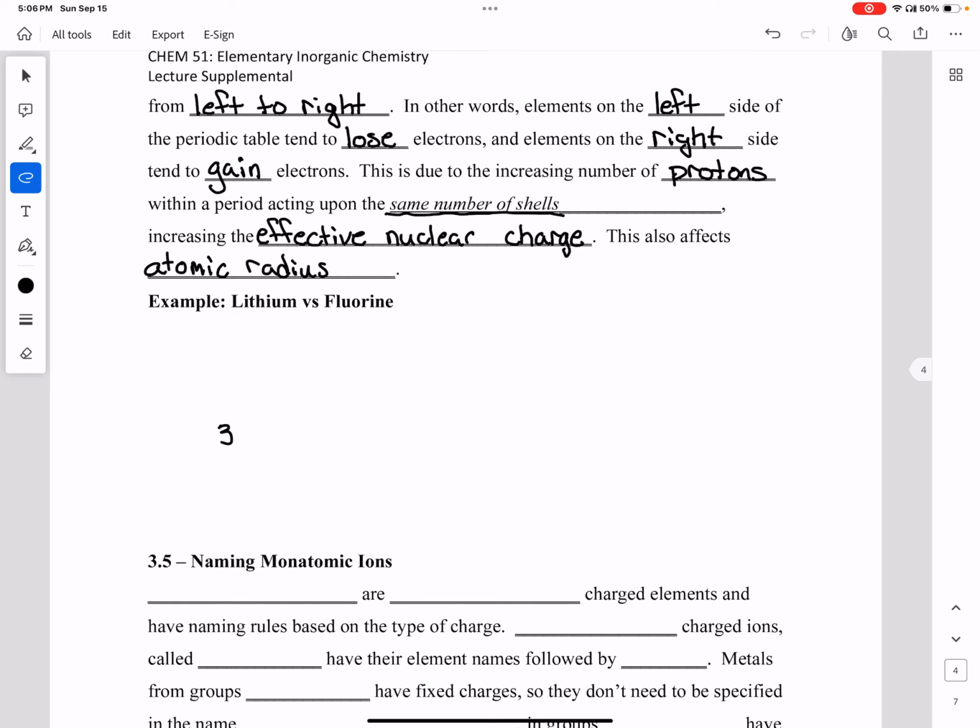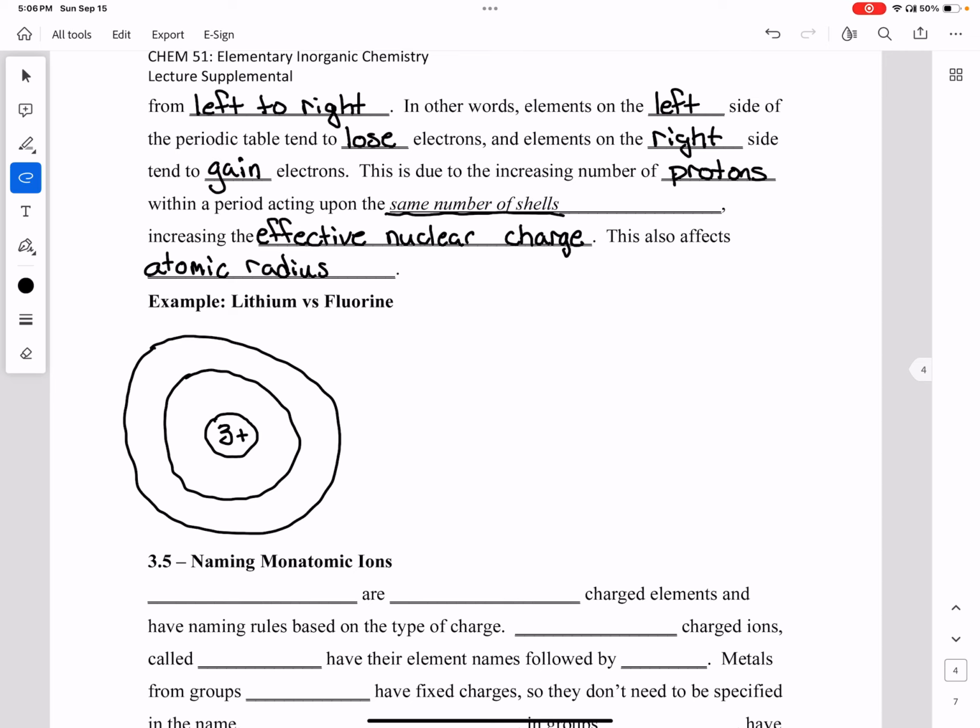That's 3 protons, and so 3 positive charges. And that is pulling only so hard on these electrons. So that's lithium. If you have fluorine, we've got +9 in the nucleus.